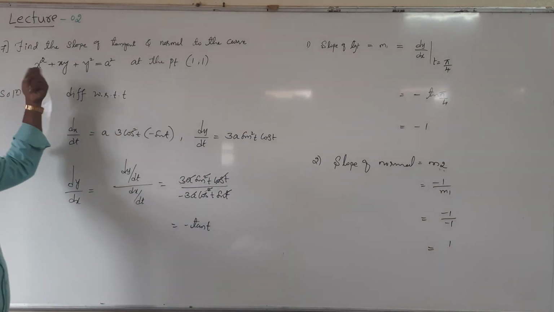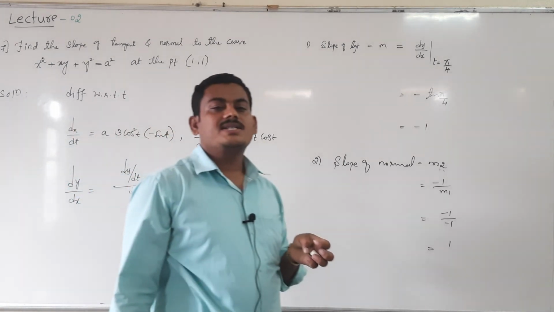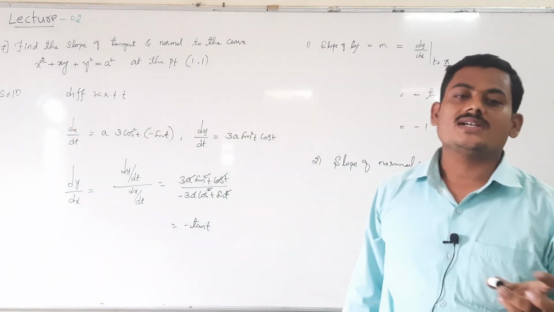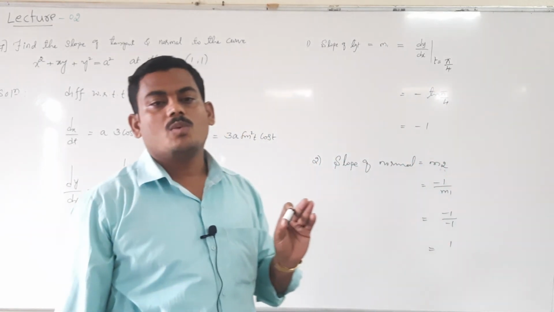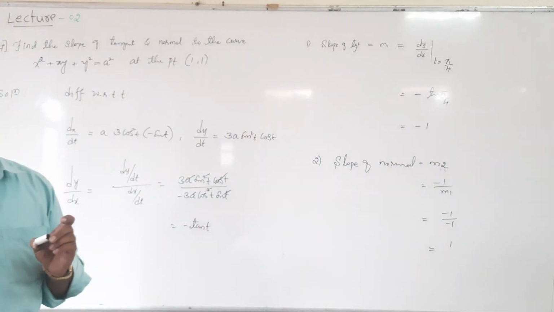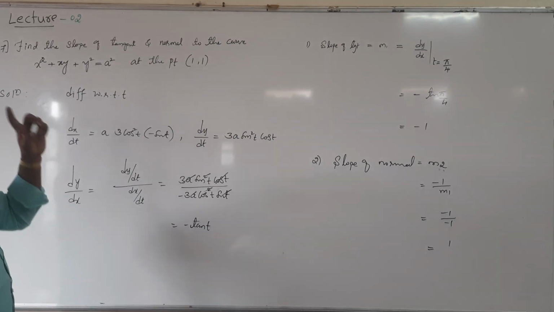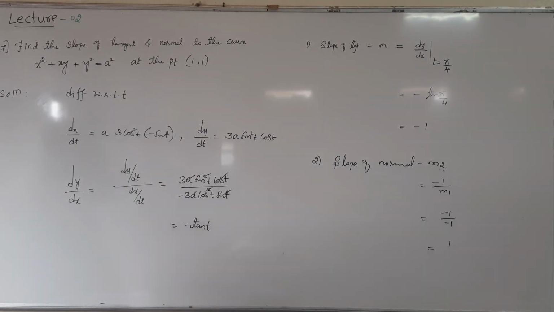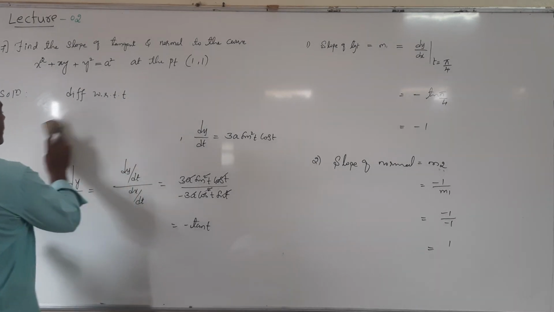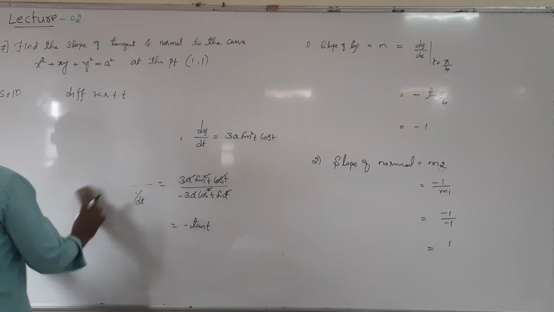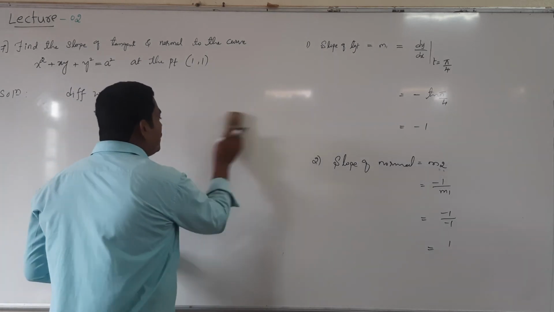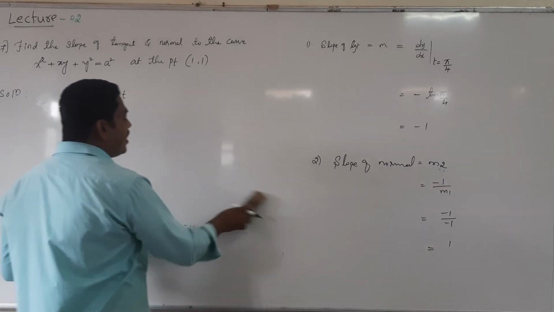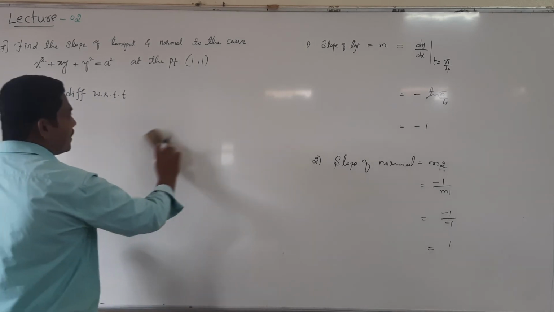In this case, given function is implicit function. Given expression involves both x as well as y, and we cannot express y in terms of x. Such function is known as implicit function. Already you know how to find a derivative of implicit function.